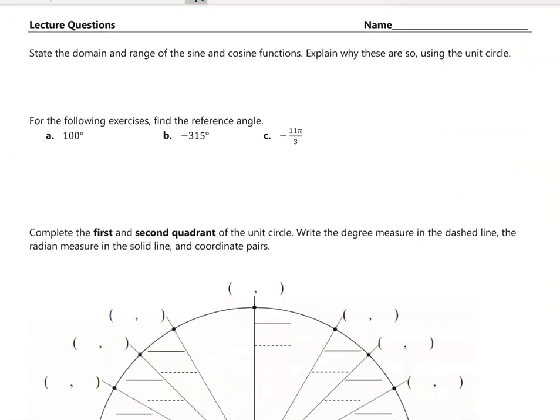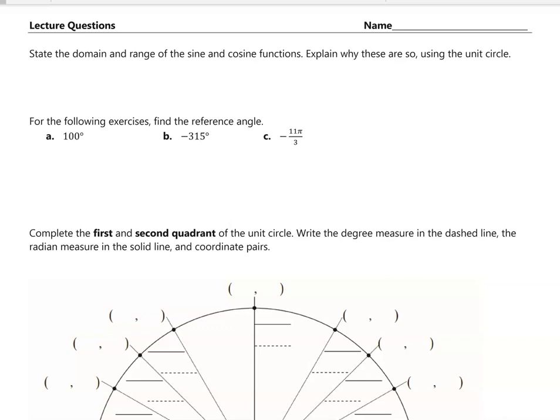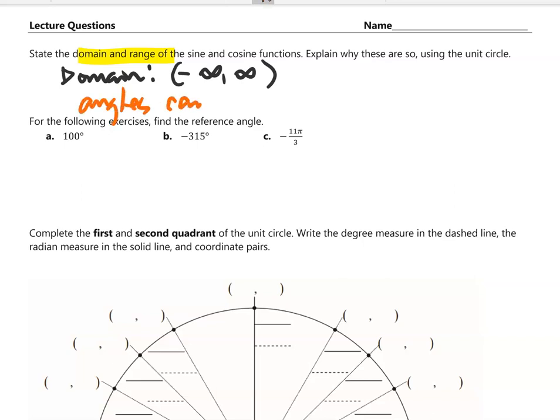Alright, let's have some lecture questions. So again, state the domain and range of the sine and cosine functions, and explain why these are so using the unit circle. So domain, you know that is from negative infinity to positive infinity, meaning angles can be any number.